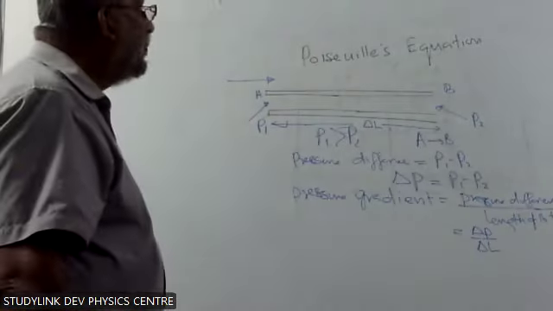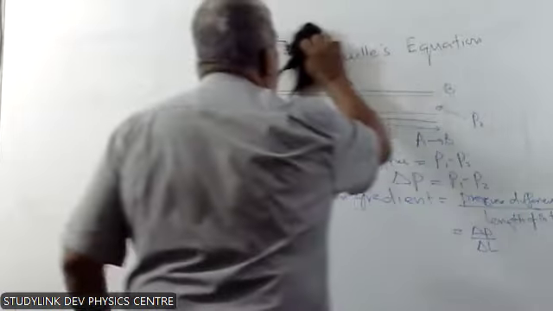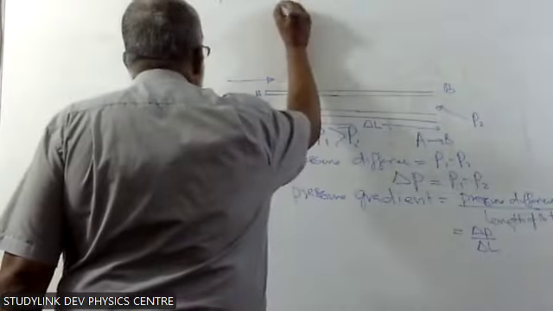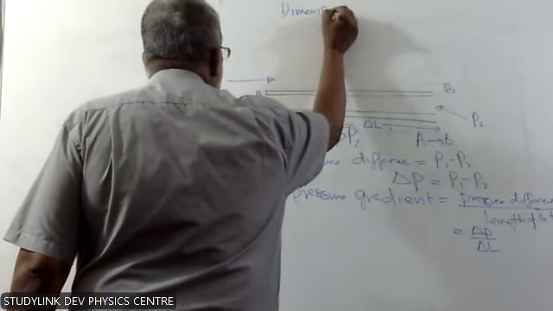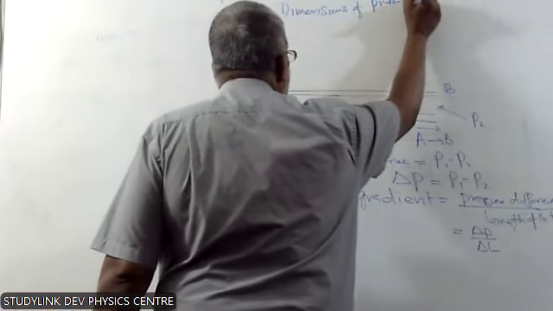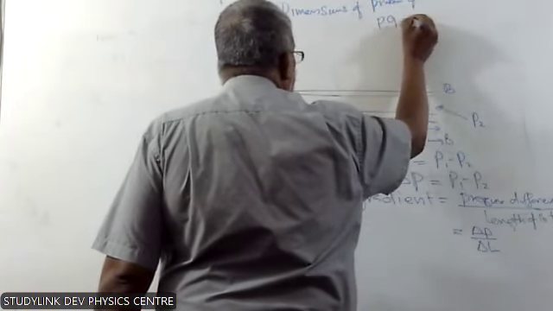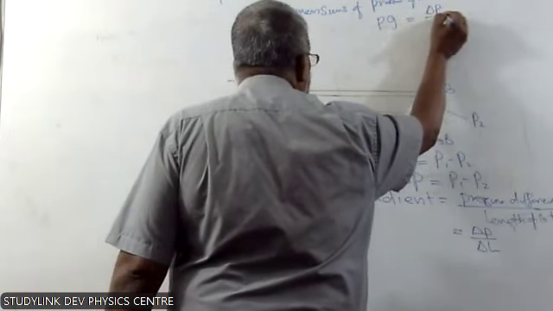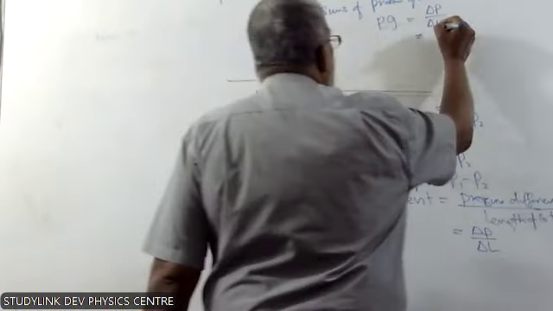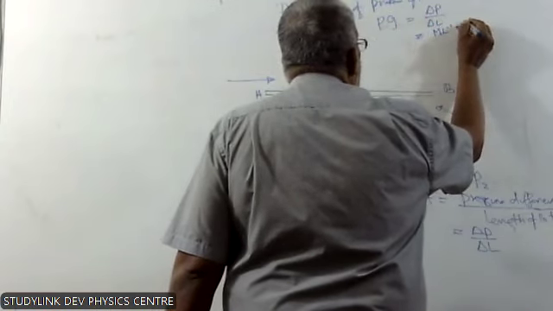After that, we want to find the dimensions of pressure gradient. Pressure gradient is equal to delta P over delta L. The pressure difference dimension is the pressure dimension, M L minus 1 T minus 2.